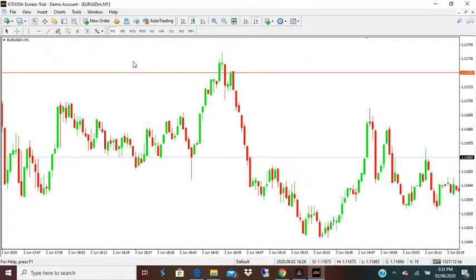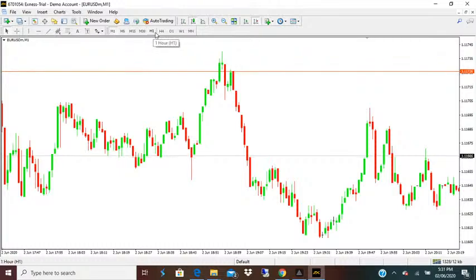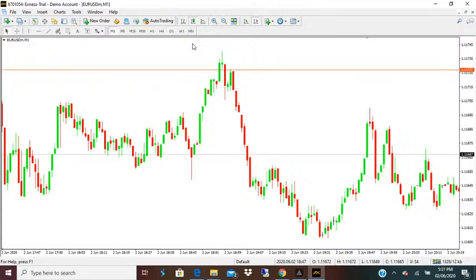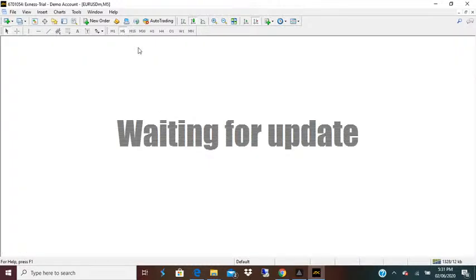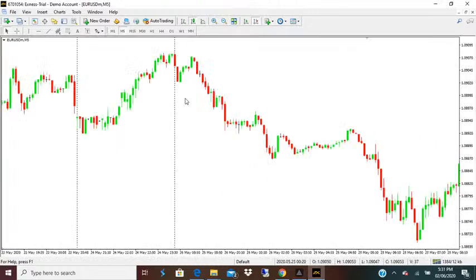You're all supposed to know already: 1 minute, 5 minutes, 15, 30, 1 hour, 4, 1 day, 1 week, and 1 month. So you're all supposed to know that this time frame represents one candlestick. If I'm on the 1 minute chart, one of these candlesticks takes 1 minute to form. If I'm on the 5 minute chart, it takes 5 minutes to create one candlestick.